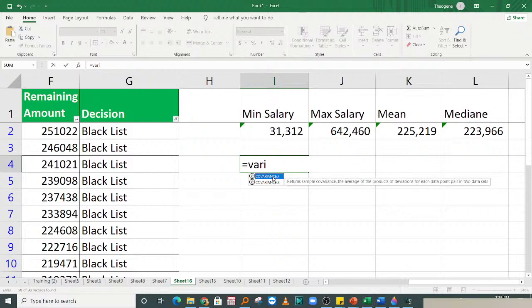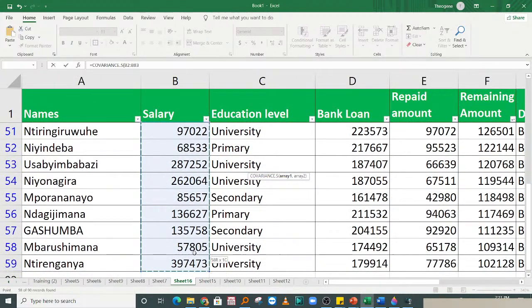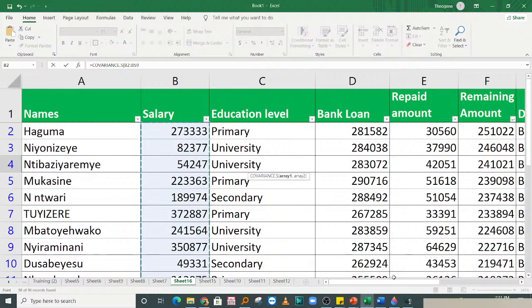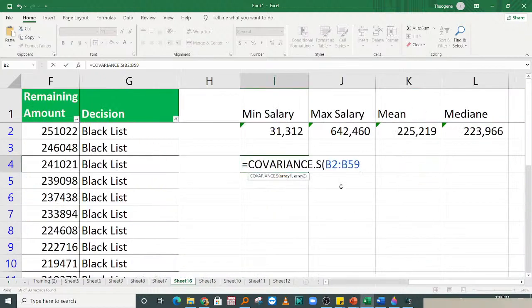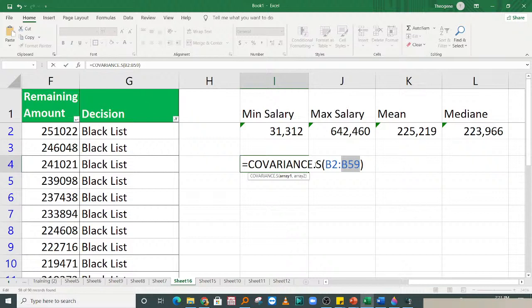Okay, let me calculate the variance. This should be the variance of this sample. So the variance of this, for example, the variation from the mean of this data. Okay, I don't know if I start from above. Okay, it's okay. So what does it mean? So I entered a few arguments. Wait a bit.